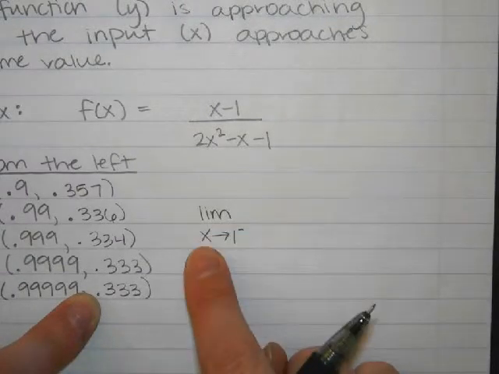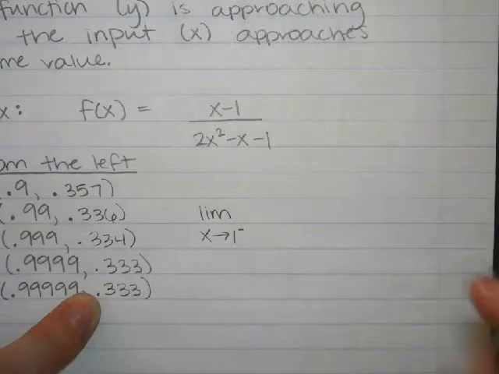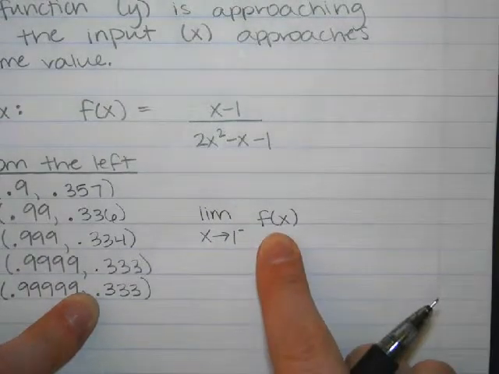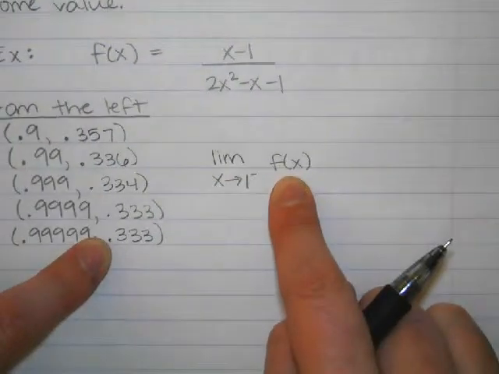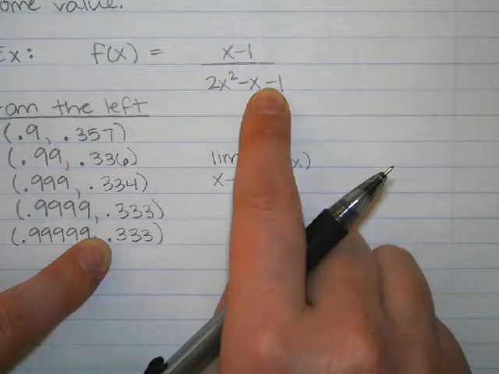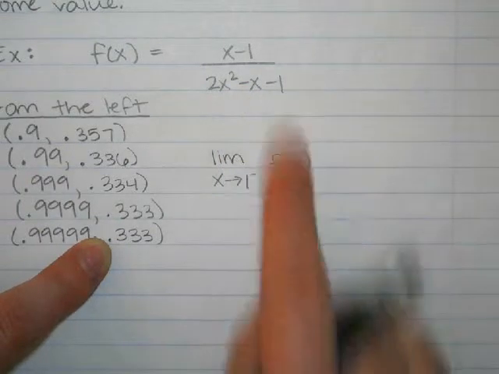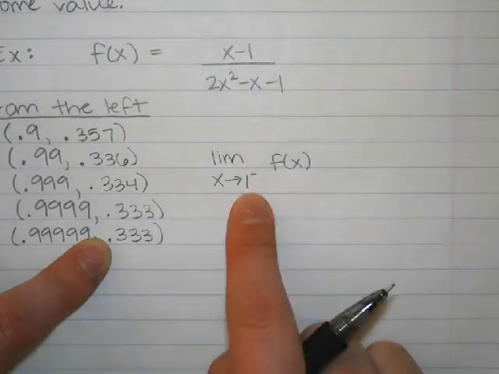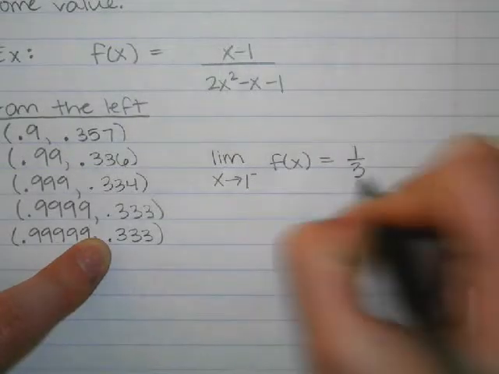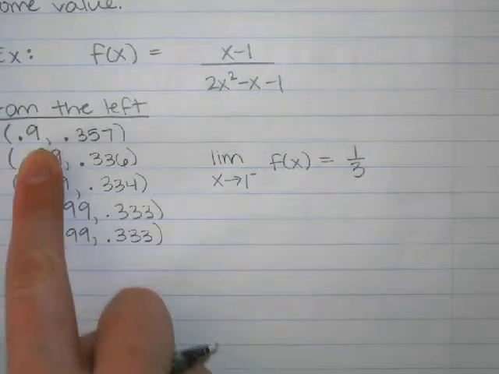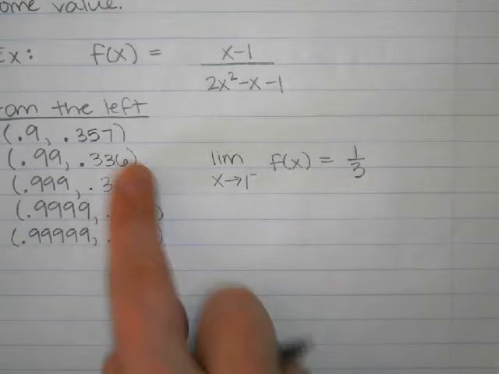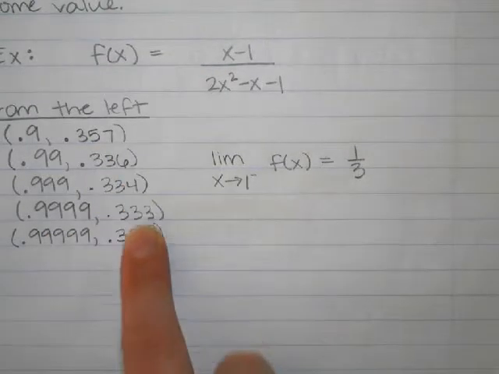The limit as x approaches 1 from the left of the function, and you can write f of x if you want to shorthand it, or you could write x minus 1 over 2x squared minus x minus 1. So the limit as x approaches 1 from the left of the function equals 1/3. As our decimals get closer and closer to 1 for the x value, our y decimals get closer and closer to 1/3.